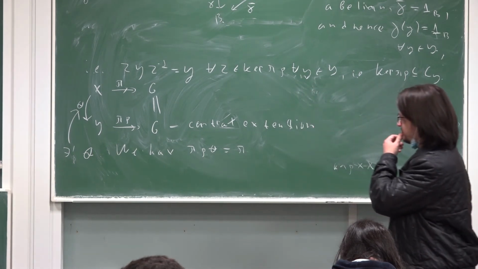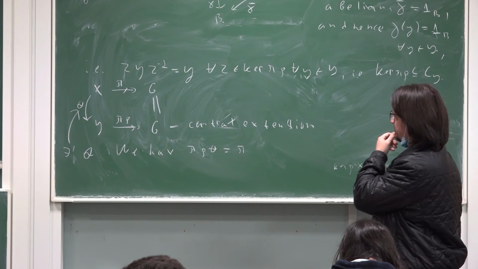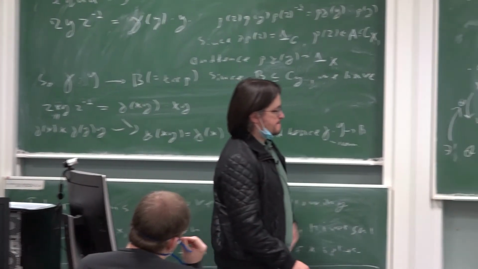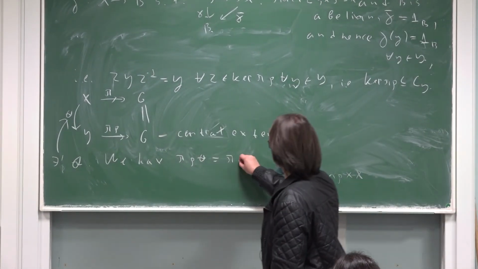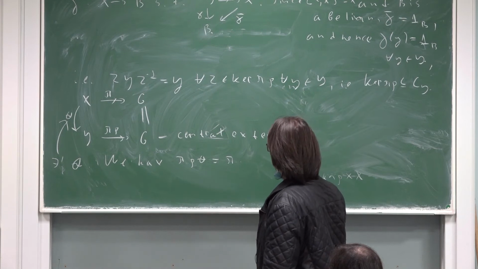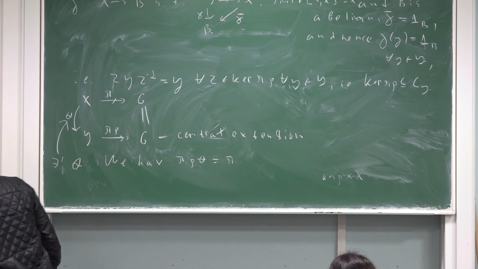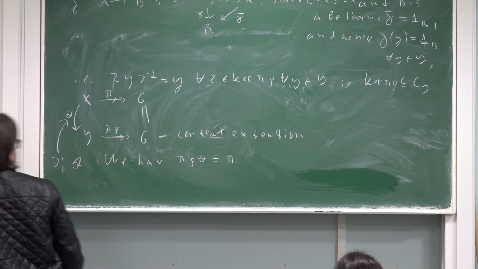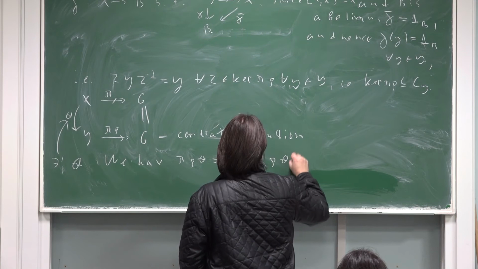And what do we want? We want to show that ρθ is identical, yes? How to show this? Again, the same trick that was already done two times. So we have ρθ of x.